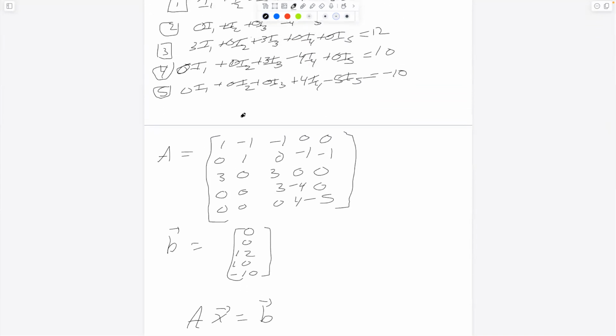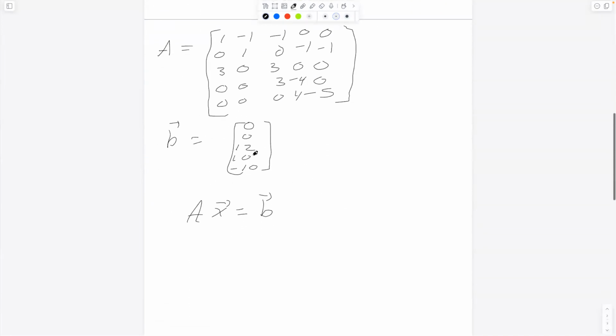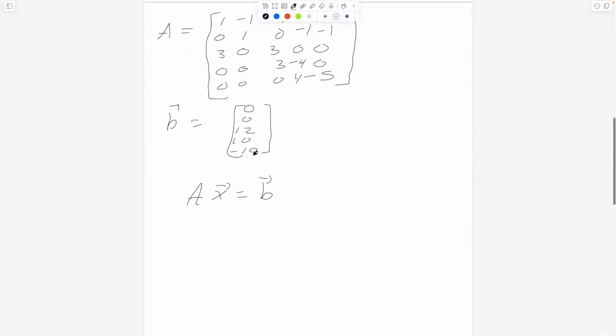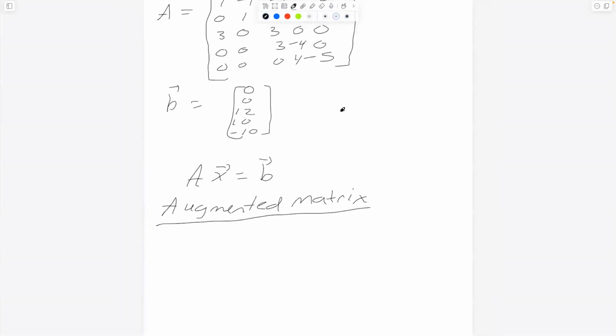Okay, so you've taken pre-calc, you know how matrices work. Now how are we going to type this into the calculator and have the calculator do all the work for us? We're going to use what's called the augmented matrix. And what we do is we tack this column vector here on the end of this matrix.